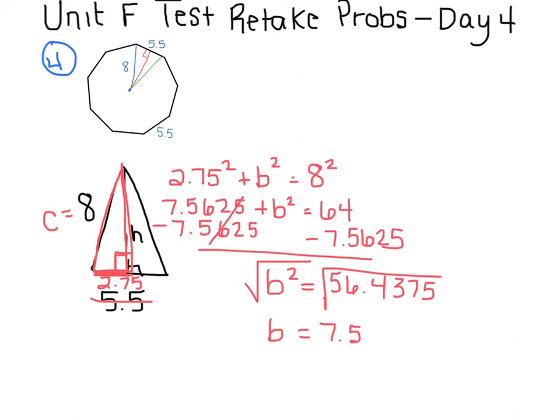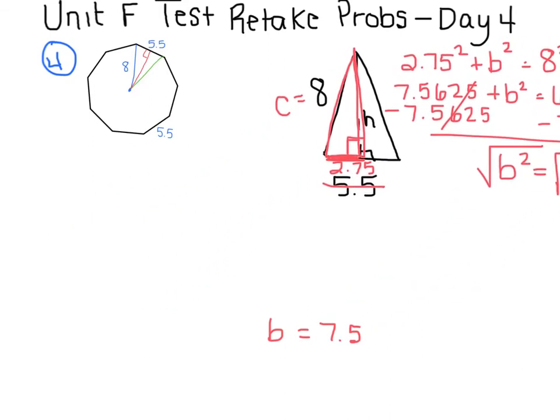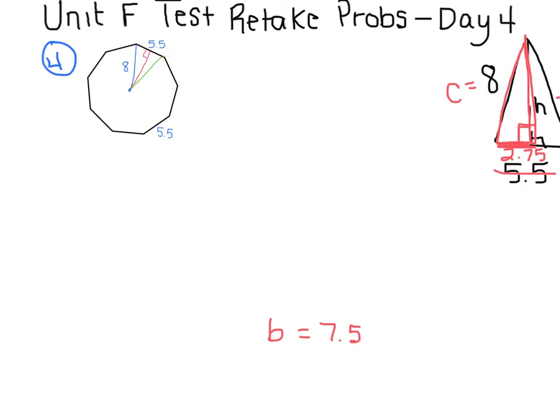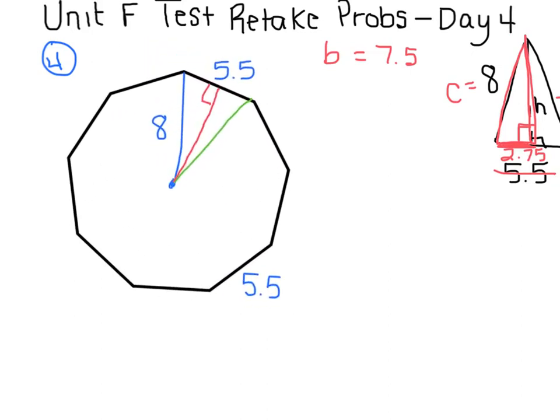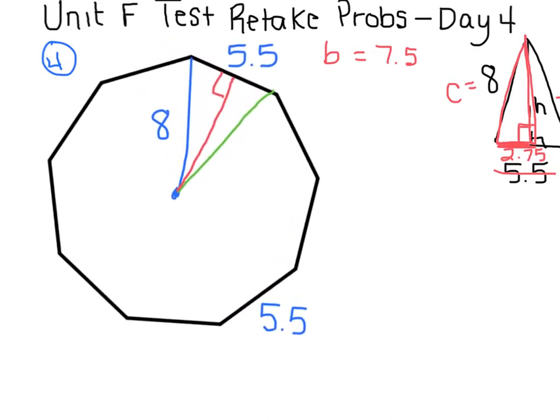So now I know my height of my triangle is 7.5. All right, I'm going to take all of this and move it off to the side here, and just kind of hang on to this 7.5 number while I blow this back up. Okay, so I now know this is 7.5.